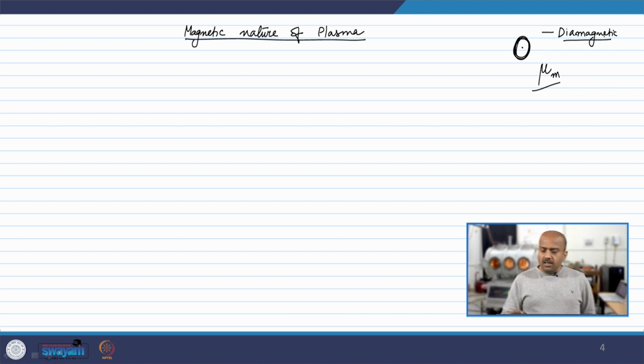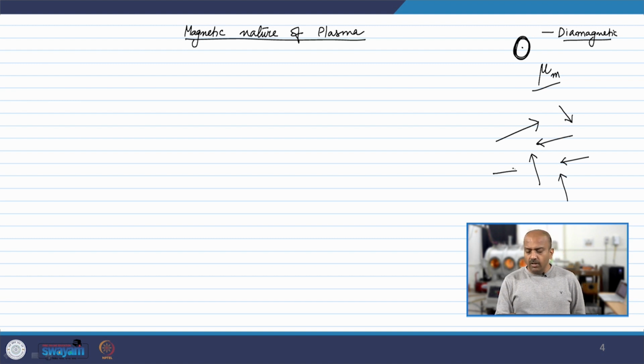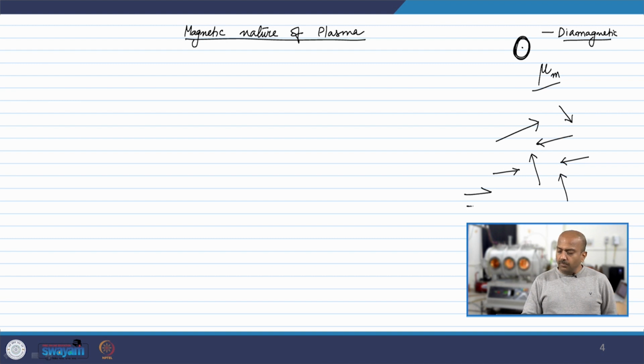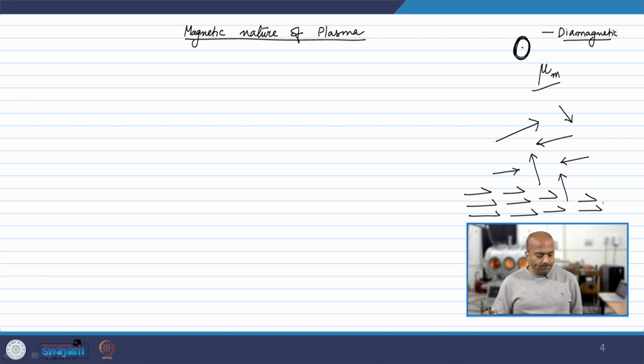But the basic idea is you have all these dipoles which are aligned in random directions in the absence of any external magnetic field, but depending on the nature of the material, when you put it under the effect, all these magnetic dipoles will align in a single direction, and thus they constitute a magnetic material.